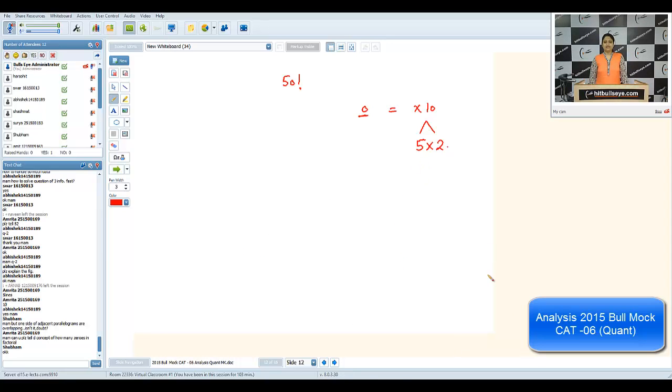That's why we will calculate the number of 5s. What is the criteria? First of all, we will take 50 by 5, that is 10. Then again, we will take 10 by 5, that is 2. It means there are 12 5s in 50 factorial. Is it okay, Amrita? I'm considering that you know a little bit of number system.